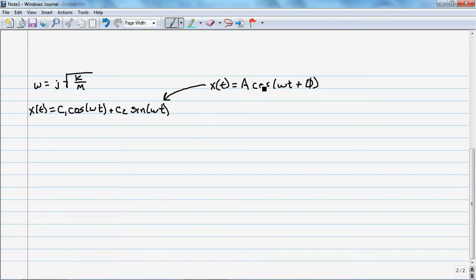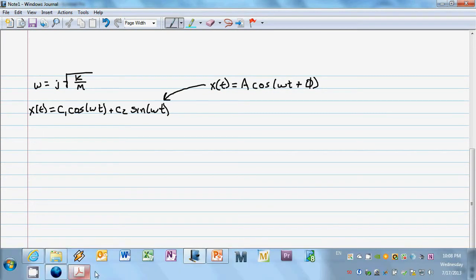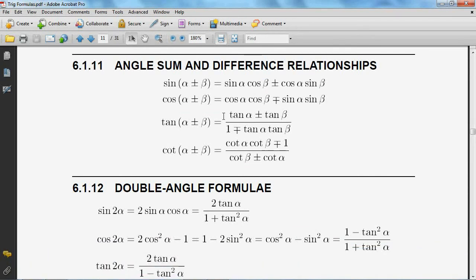We can do that by taking the addition of cosines, and if you look at the trigonometric reference, we see this formula right here. Notice it's cosine cosine minus sine sine.